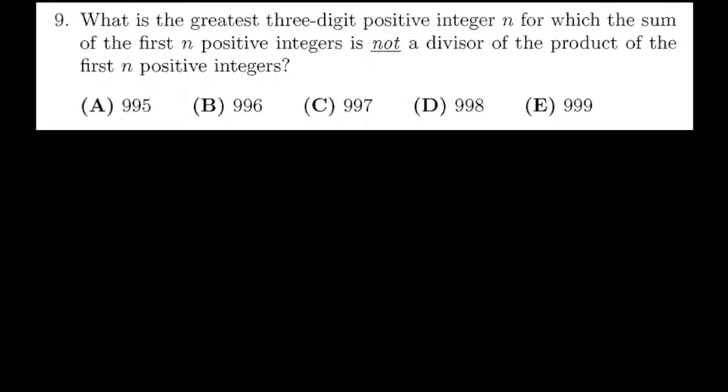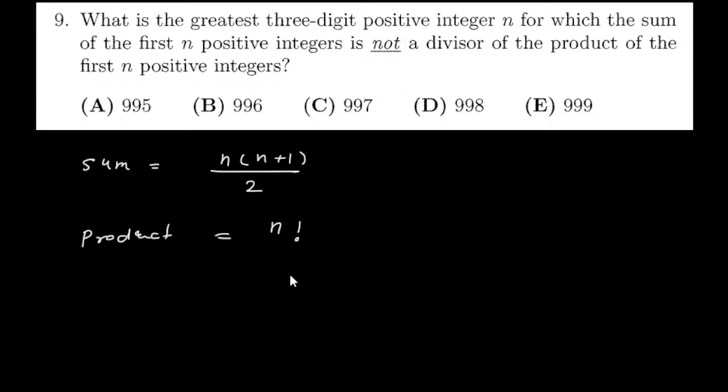Let us try this problem. What is the greatest 3-digit positive integer n for which the sum of the first n positive integers is not a divisor of the product? So first, the formula for sum is n into n plus 1 divided by 2, and the formula for product is n factorial, because it is 1 times 2 times 3 times 4 and like that until n.